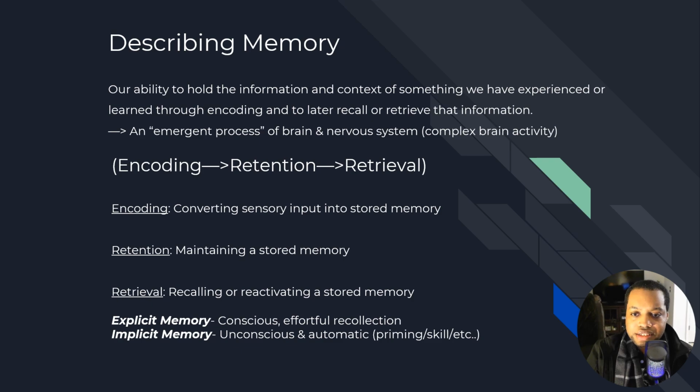It's not exactly as concrete as some might believe, but I've framed it here as our ability to hold the information and context of something we have experienced or learned through encoding and to later recall or retrieve that information. It is largely described as an emergent process of the brain and nervous system, which is just another way of referring to complex brain activity.